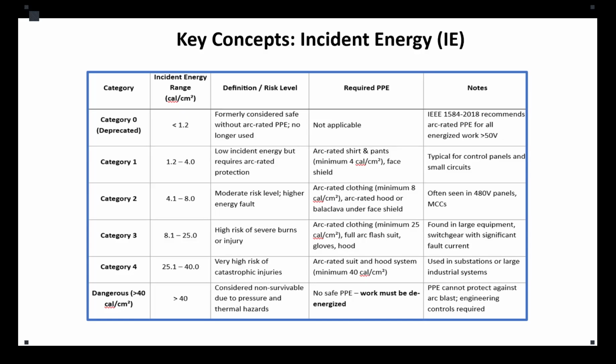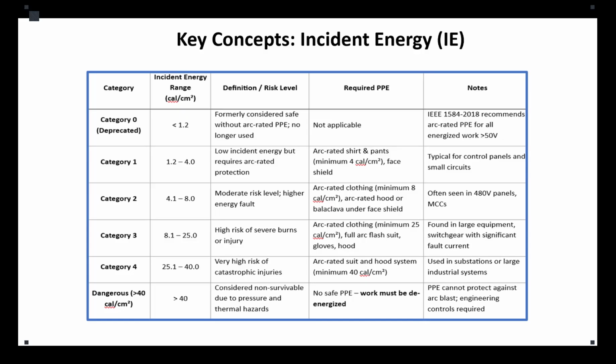We have 1.2 up to 4 calories per square centimeter, which is the minimum for category 1 PPE. It is a low incident energy, but needs arc rated protection.